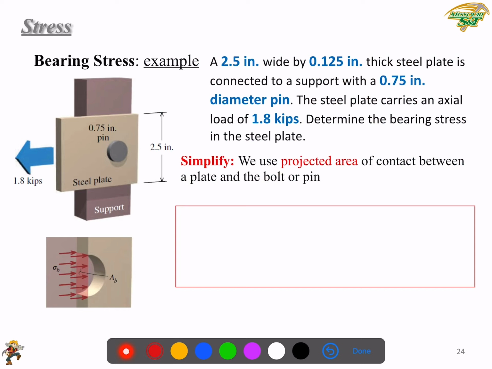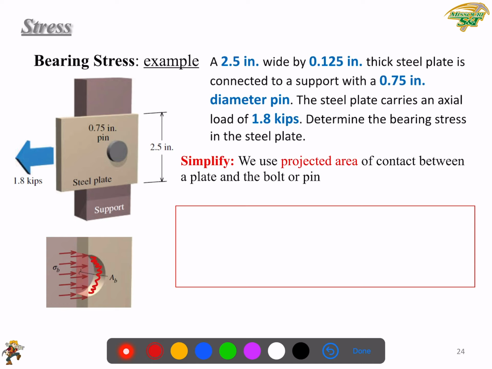And we simplify this problem in this way. We use the projected area only of the contact between the plate and the bolt. The actual area again is here. It's a semi-cylinder, but as we mentioned previously, we only need to use the projected area.